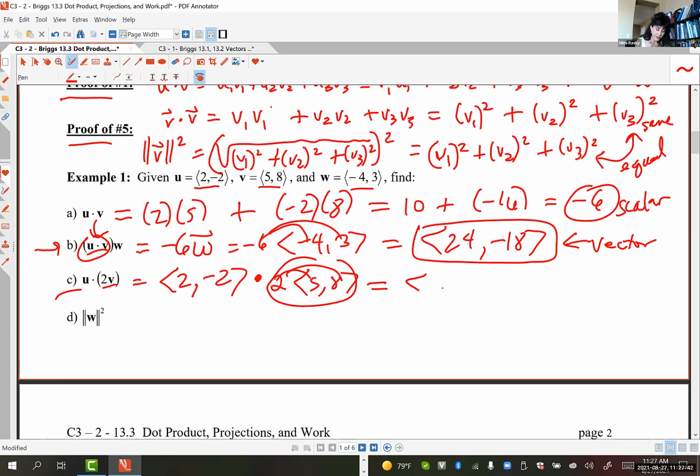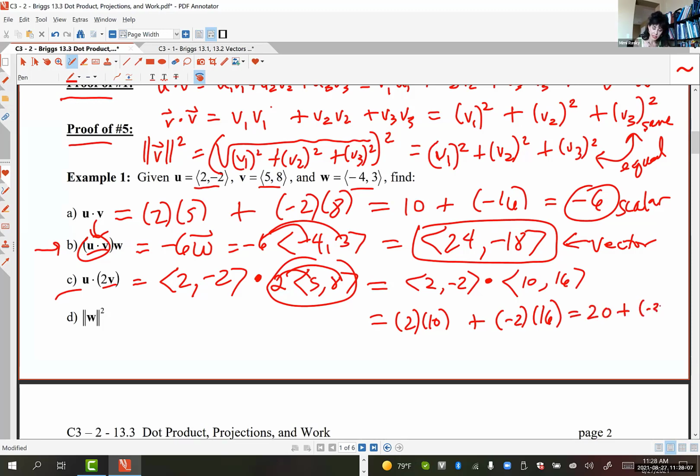So we'll still have this 2, negative 2 waiting to dot product with this scalar multiple, which ends up being the vector 10, 16. And now we're ready to go do the dot product. Aha! So we'll multiply the X components, 2 times 10, plus we'll multiply the Y components, negative 2 times 16, I get 20, plus negative 32, and I get a final answer of negative 12. Ta-da! And it is a scalar, because this was a dot product overall.